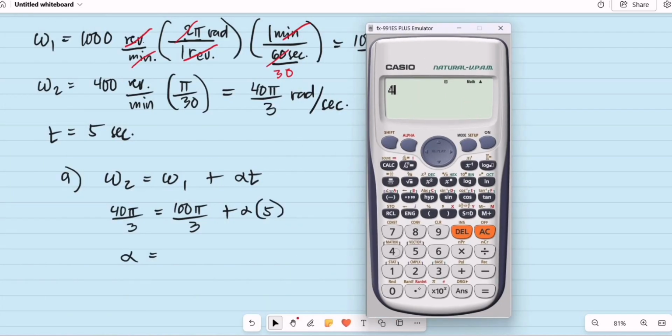okay, so what is 40 pi divided by 3 less 100 pi also divided by 3? That is negative 20 pi, then divided by 5 is negative 4 pi.